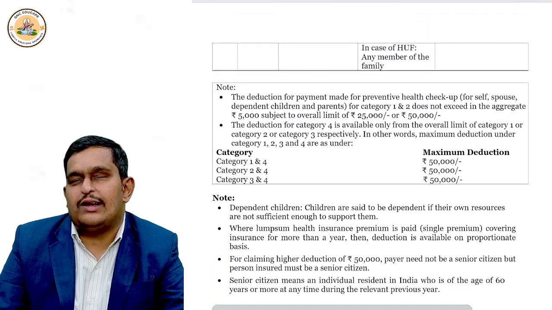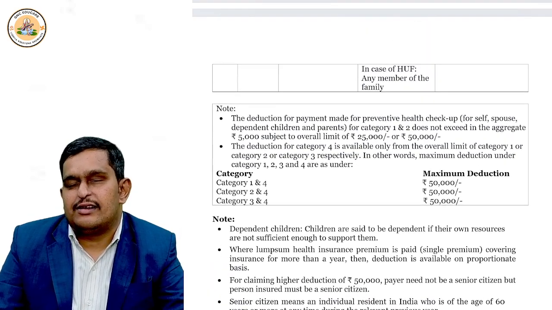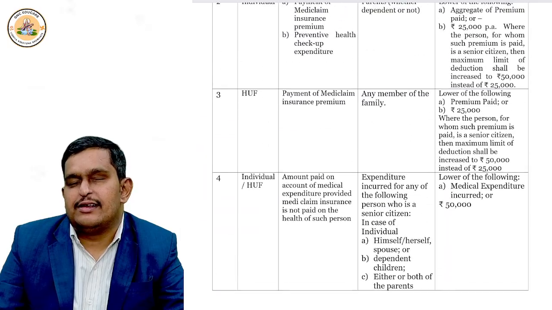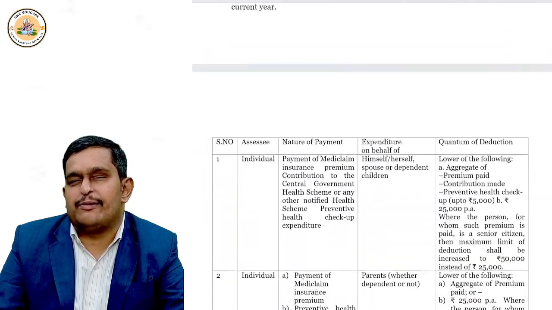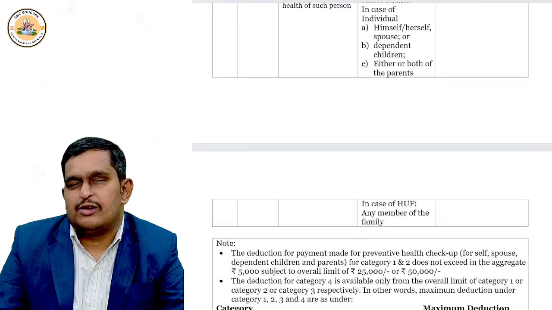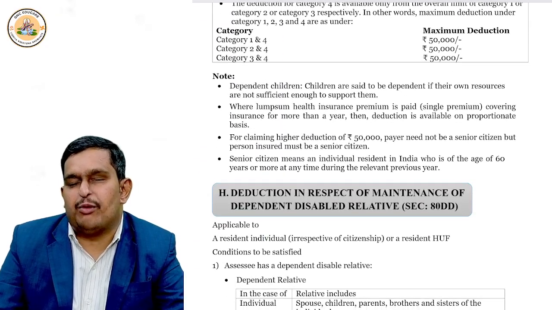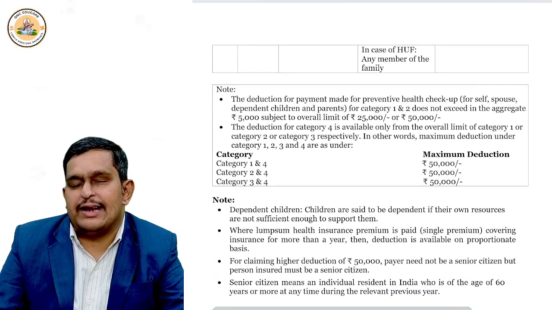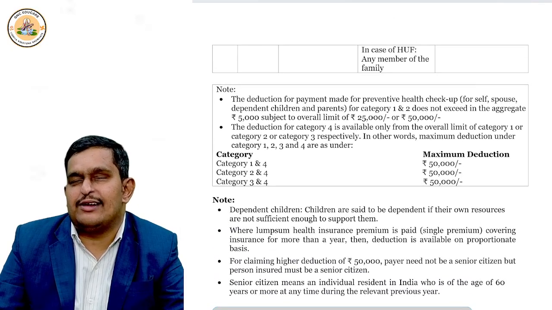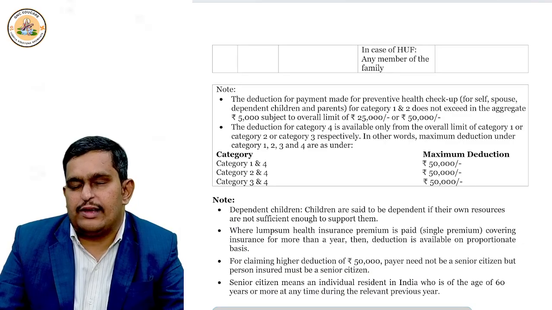Now, I'll tell you what is dependent child. Dependent child is basically his resources are not sufficient to maintain himself. So for maintenance and support, he is dependent on the parent. That's why the dependent child concept came. Okay.